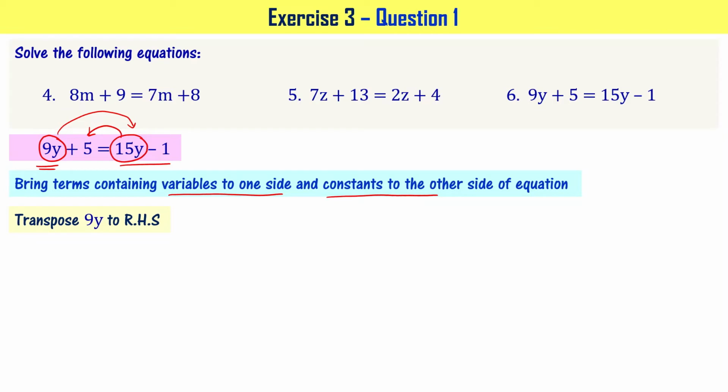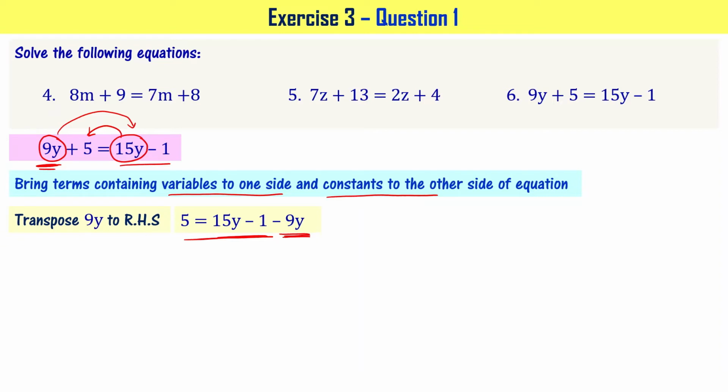When you transpose it, I can write the equation as 5 equal to 15y minus 1, that is RHS, and 9y becomes minus 9y, right? Now the equation you have is 5 equal to 15y minus 1 minus 9y, right?